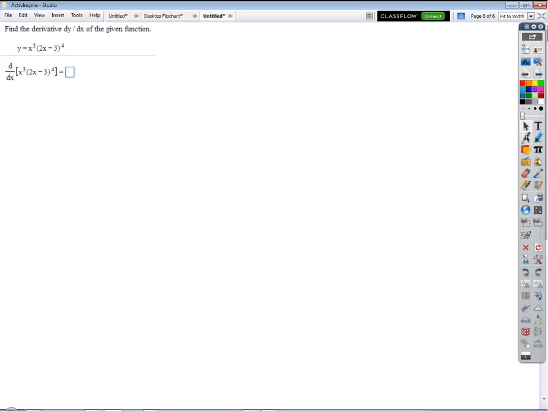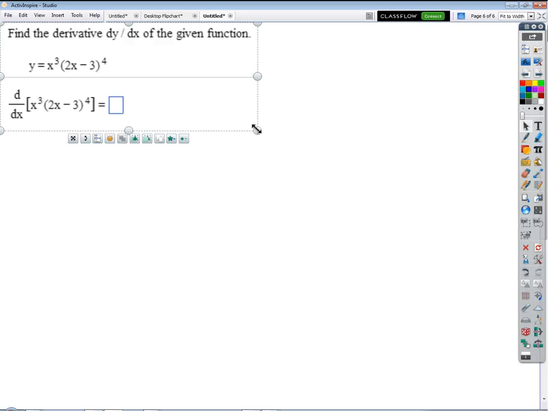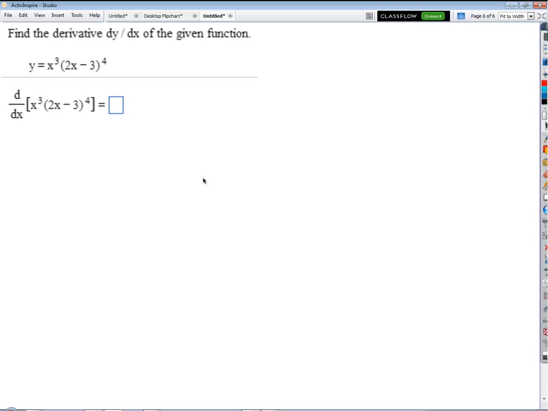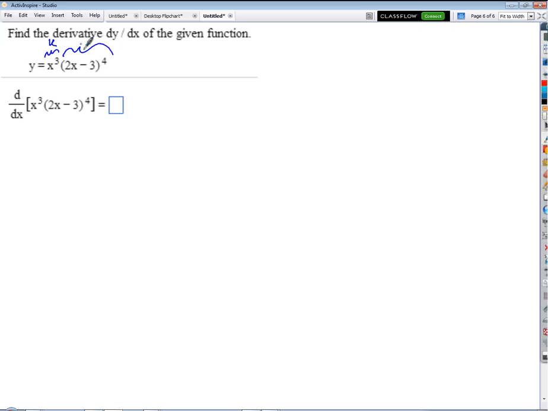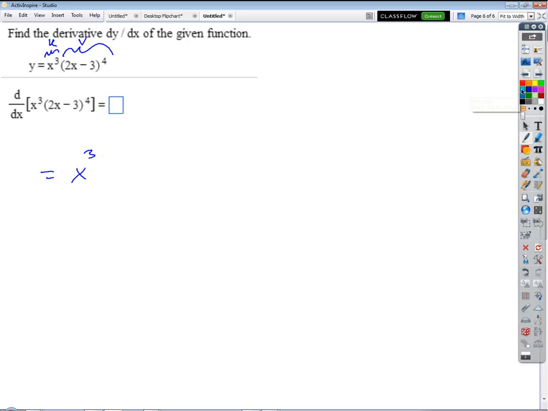Okay, here we go. So I'm just differentiating this product, right? Okay, so would everybody agree? I'm gonna go fast here. This is U, and this is V, right? So the derivative of that product equals U times the derivative of V. But V is a chain rule issue, right?